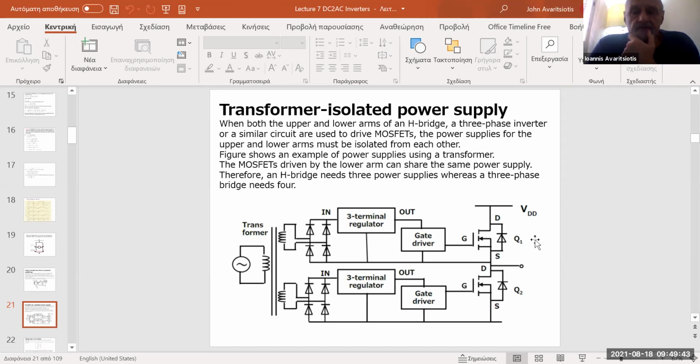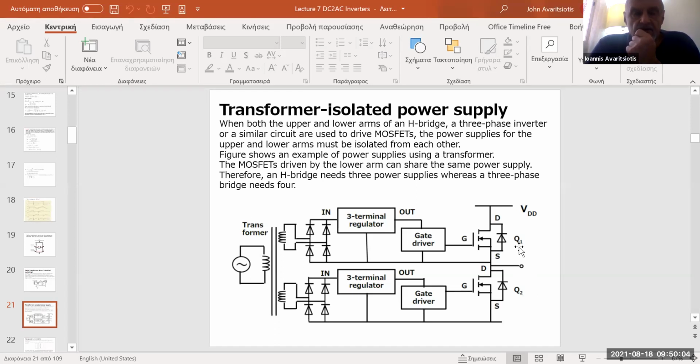And here I'm showing to you again only half of the inverter. In other words, one string which contains, as you remember, 2 switches, switch Q1 and Q2 on the same string.